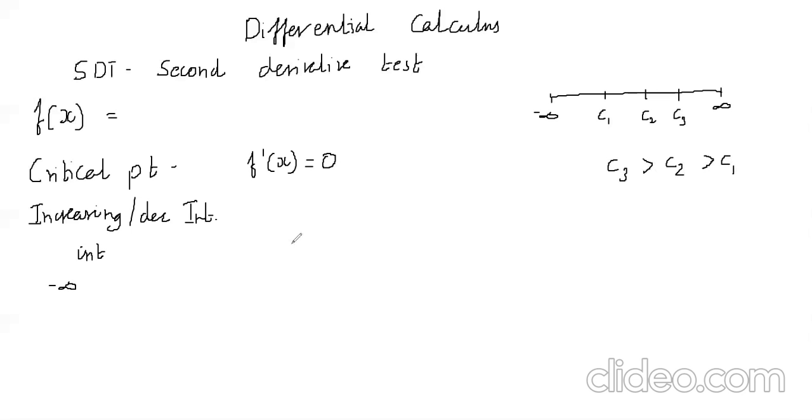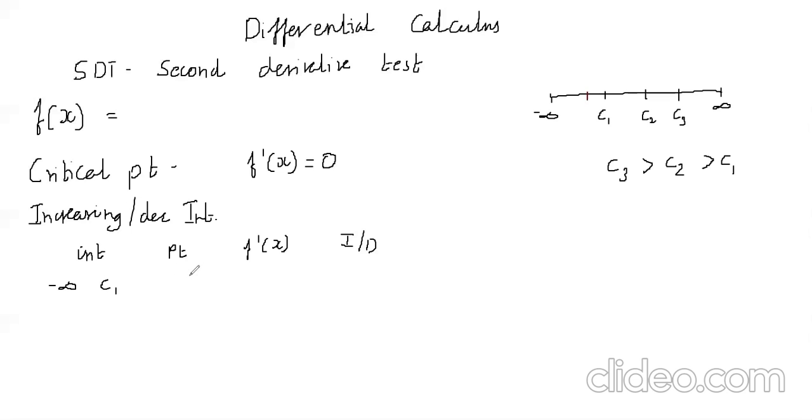From this we have to take any point and find the value of f dash of x, and then we can tell whether the interval is increasing or decreasing. You take a point in such a way that the calculation will be easier.